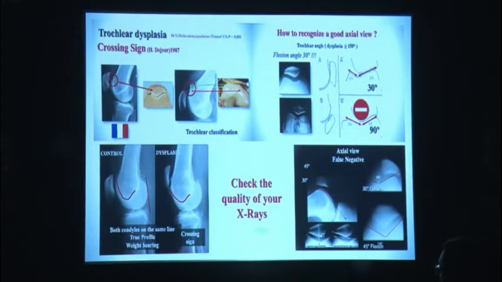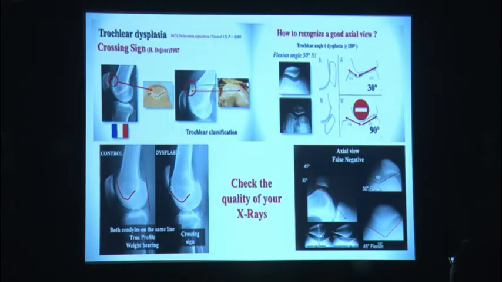The second is the axial view at 30 degrees flexion. If you have a good X-ray, you will have 1/3 for the medial facet and 2/3 for the lateral facet. It means that this X-ray has been done at 30 degrees flexion. If it's 50-50, like here, it means that it's about 45 degrees or 90 degrees flexion.